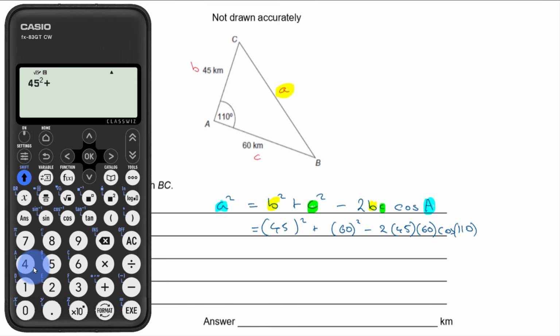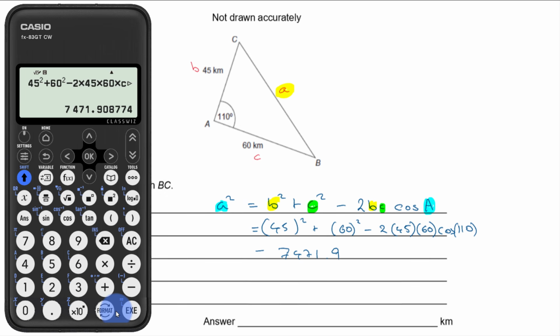So 45 squared plus 60 squared minus 2 times 45 times 60 times the cos of 110, close bracket, equals. Now that looks a little bit horrendous. That's 7,471.9, but remember that's a squared and I want a, so not time to panic just yet.